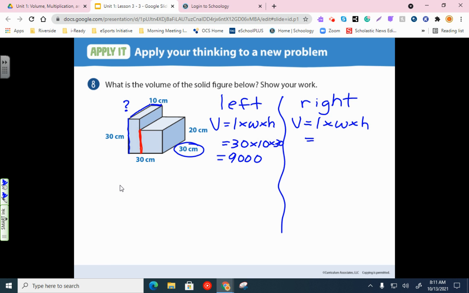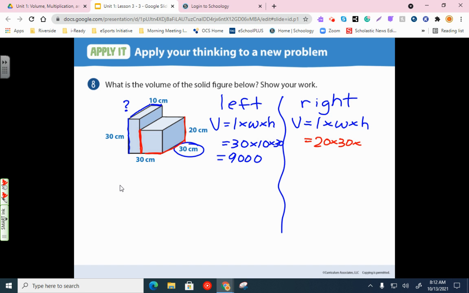Over here, let's use a different color, just so these stand out a little better. So I've got 20 and 30. But I need to know this measurement right here.